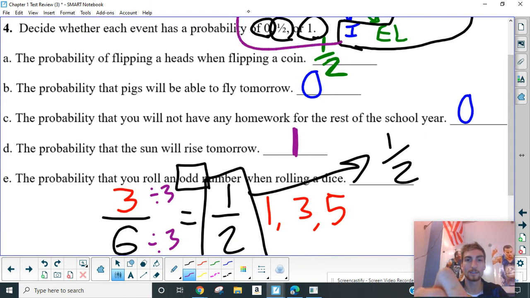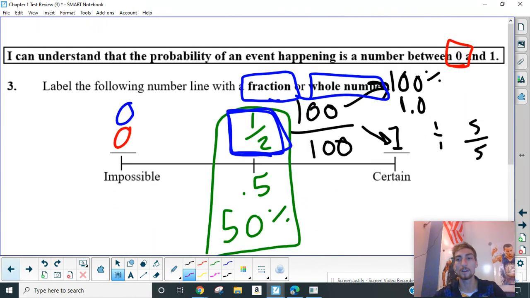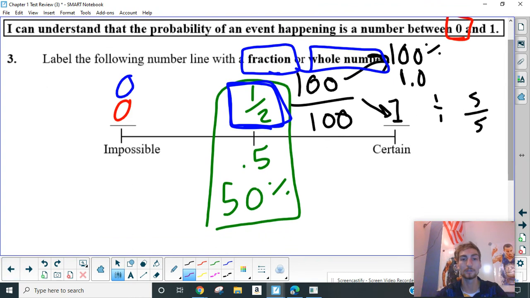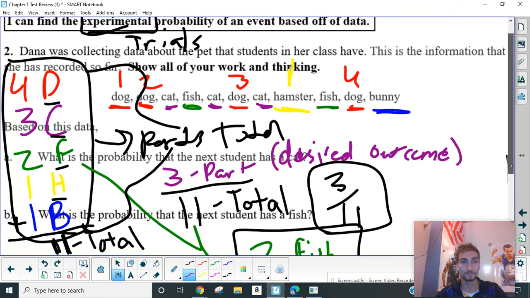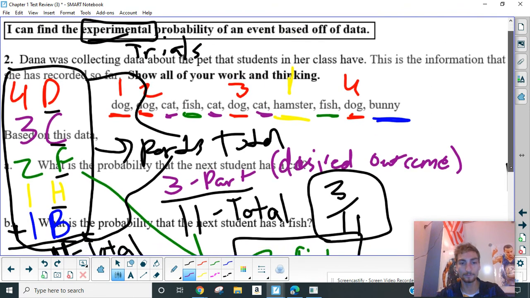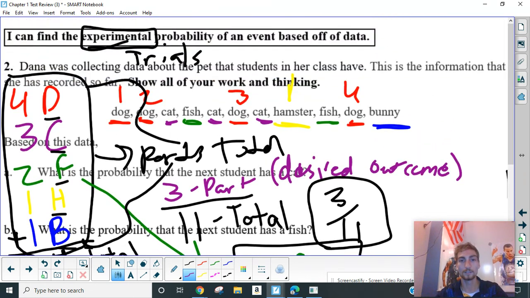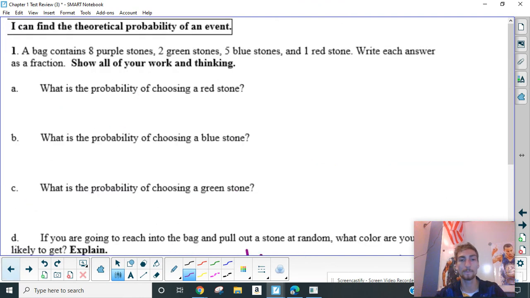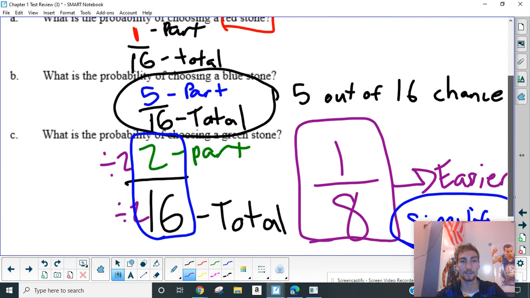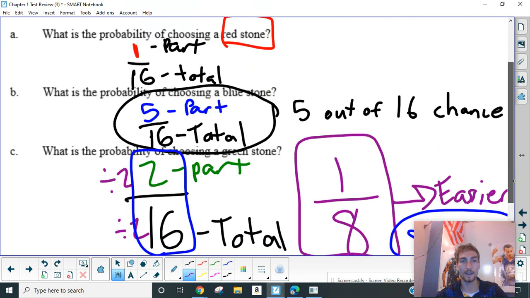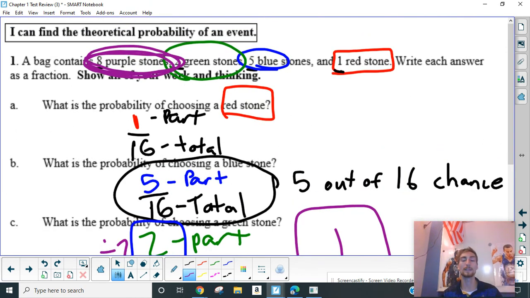I did answer in 0, half, and 1, whole numbers and fractions. This is also whole numbers and fractions. My experimental probability, looking at parts out of the total, and then same thing here. Nice. So everything looks good to me.